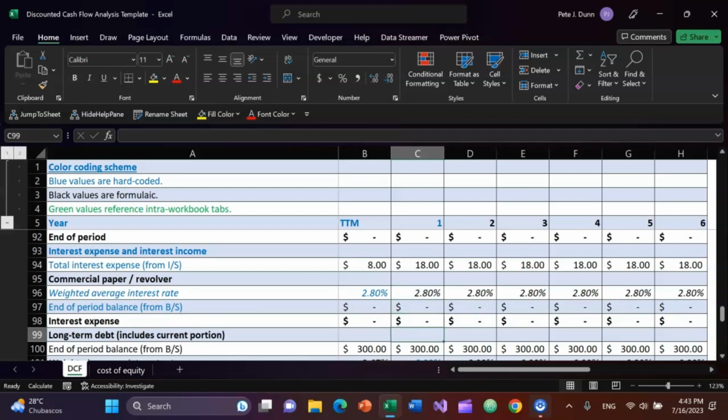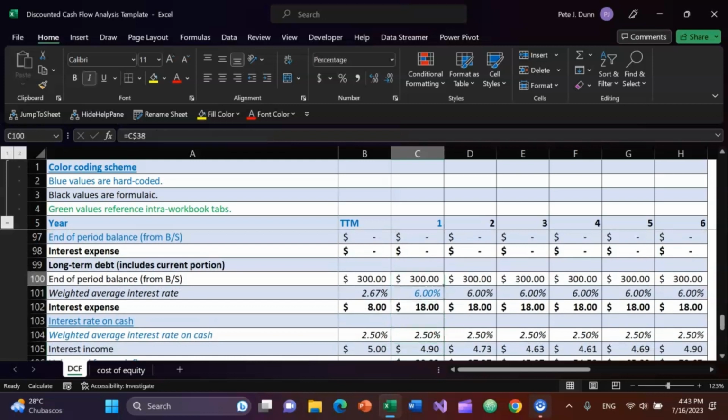To get to the interest expense there, you can see here what the debt balances were for each period from row 38 of this Excel workbook, times a weighted average interest rate of 6%. That gets you your interest expense. It's the product of the interest rate times the average of the debt balances. And that's why I enable the iterative calculation to avoid a circular reference.